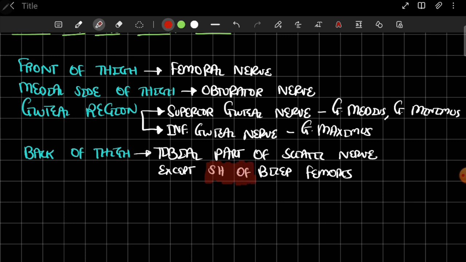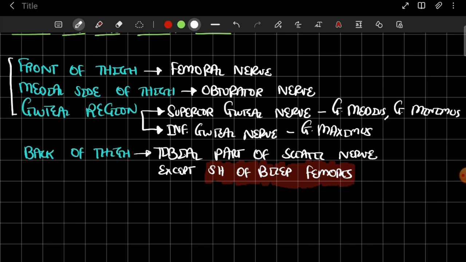Let me just first write it, and then we will draw an entire diagram of the nervous supply of the lower limb, except the front side of the thigh, the medial side and the gluteal region.